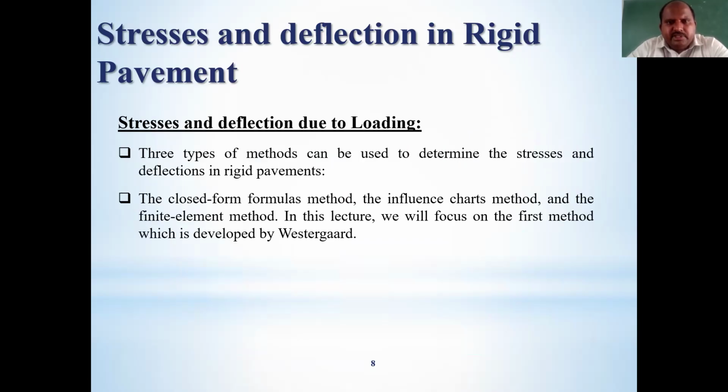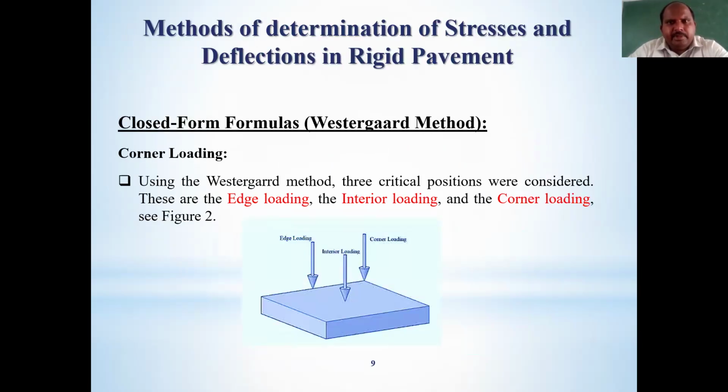There are three types of methods that can be used to determine the stress and deflection in rigid pavement: the closed form formulas method, the influence chart method, and the finite element method. In this lecture, we will focus only on the first method, which was developed by Westergaard, for determination of stresses and deflection in rigid pavement.